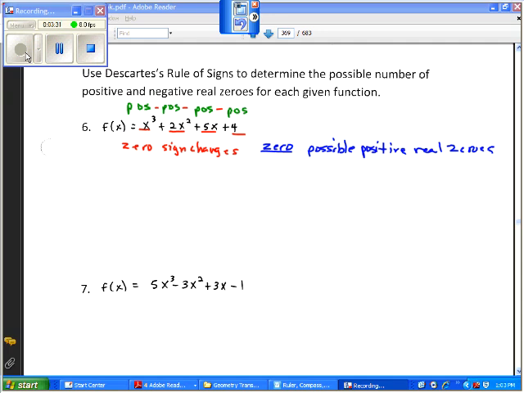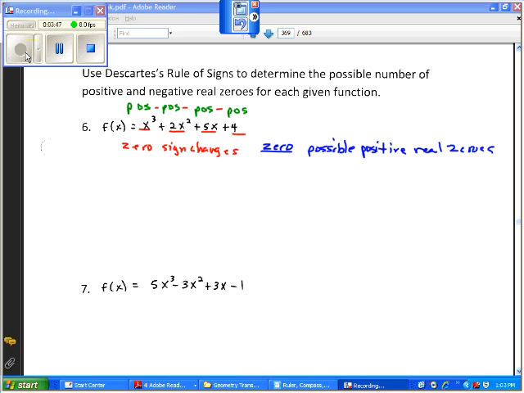So we looked at the sign changes. The rule is that if there are 0 sign changes, then there are 0 possible positive real zeros.